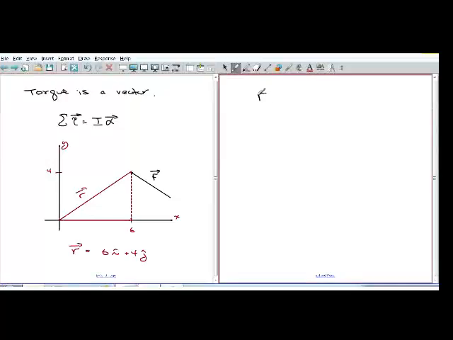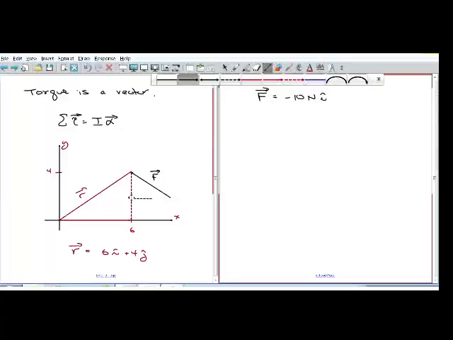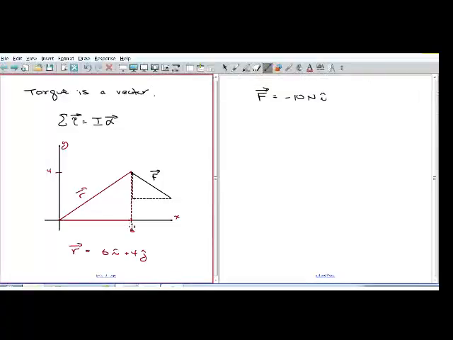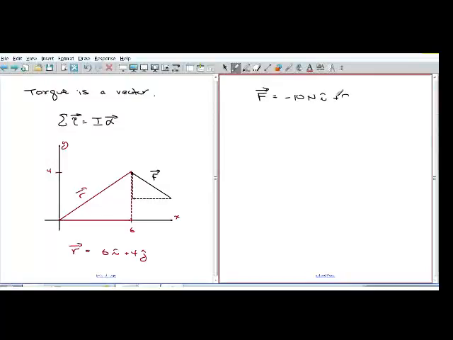The force vector is going to have a negative x component, negative 10 newtons i, and a positive y component. So let me draw my dash line. That's my f sub x, and that's my f sub y. Don't use this scale to determine it; you have to just specify it. Since this one's longer than that, I'm going to say that's negative 10 i plus 7 newtons j.